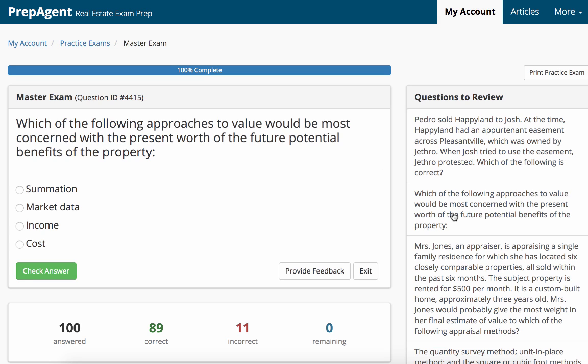Okay, so read that one. Which of the following approaches to value would be most concerned with the present worth of the future potential benefits of the property? Future potential benefits. Would it be the cost?